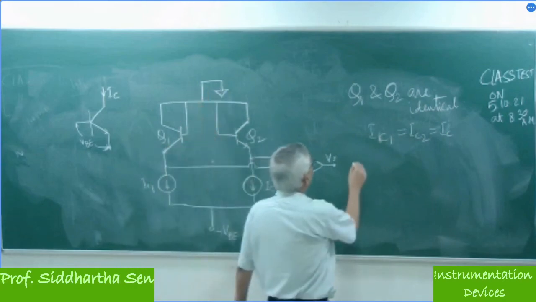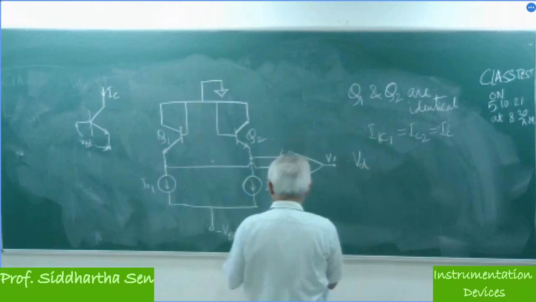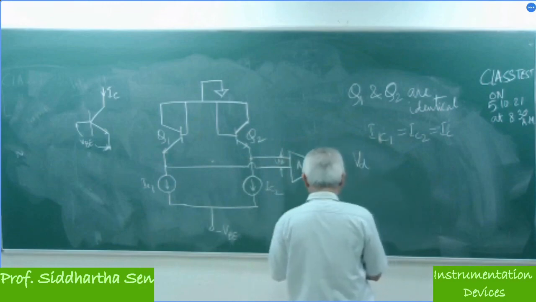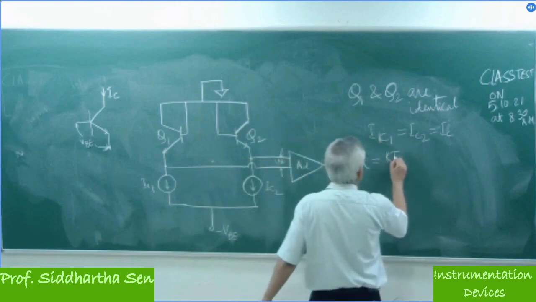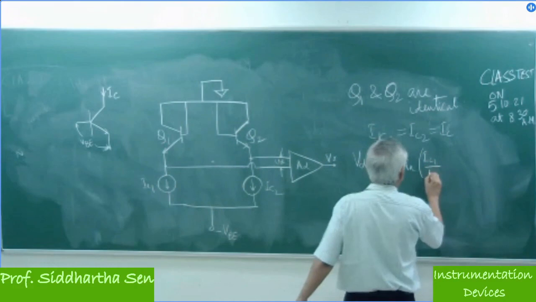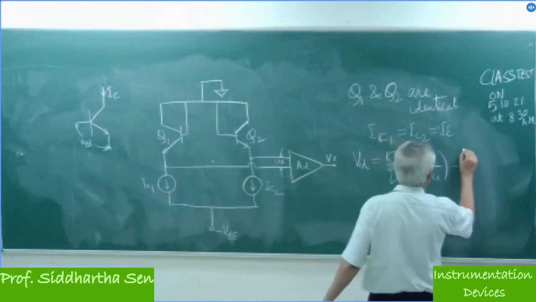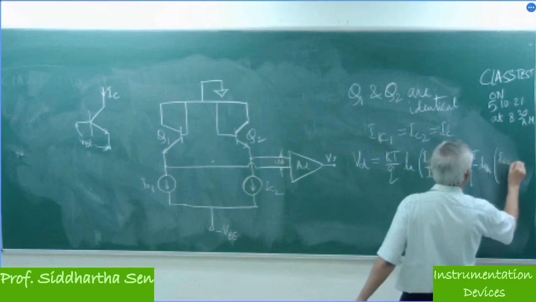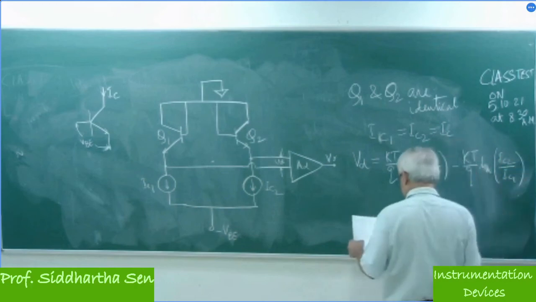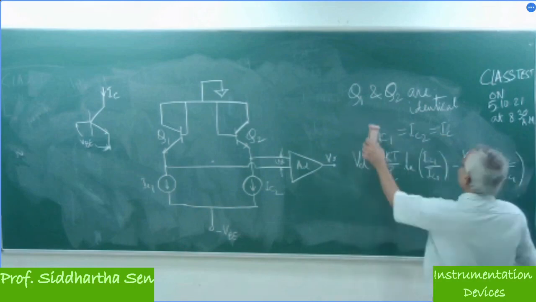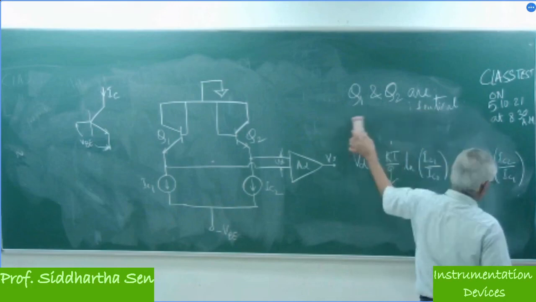So naturally VD, that is the difference voltage, which is amplified by a differential amplifier AD, is equal to KT by Q into log natural IC1 by IC0 minus KT by Q into log natural of IC2 divided by IC0. Rather than keeping IC1 and IC2 equal, let it be different there.